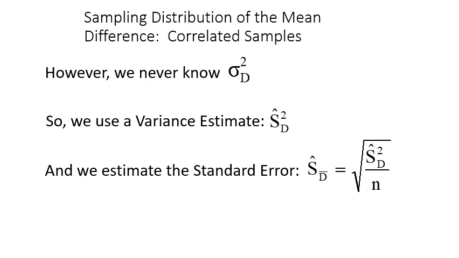It's not possible to know. Because we can't know it, we cannot do a z-test. We can only do t-tests, because we always use the variance estimate here.